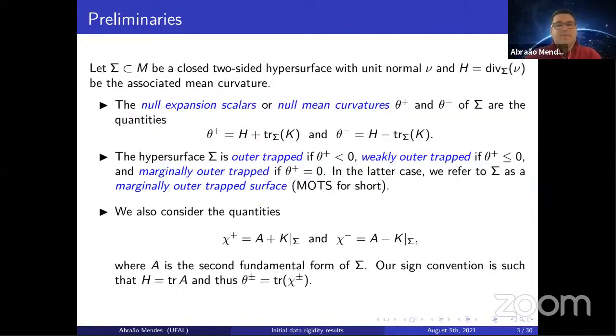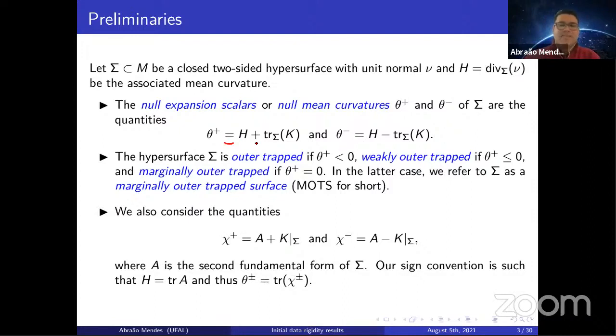Now let sigma be a closed two-sided hypersurface with unit normal nu, and H be the mean curvature of sigma in M, which means that H is the divergence of the vector field nu with respect to sigma. Then we can define the null expansion scalars, or null mean curvatures, theta plus and theta minus of sigma in the following way.